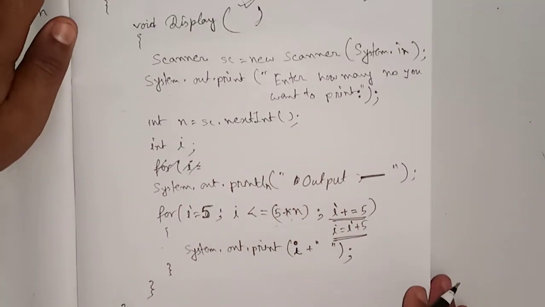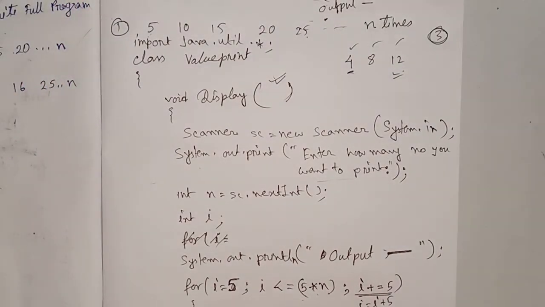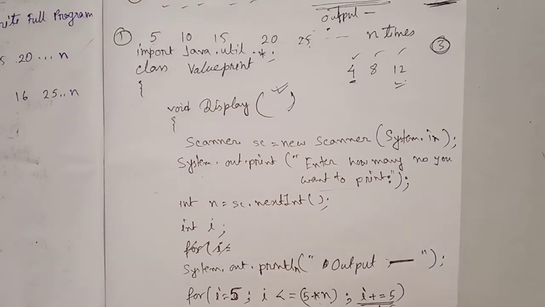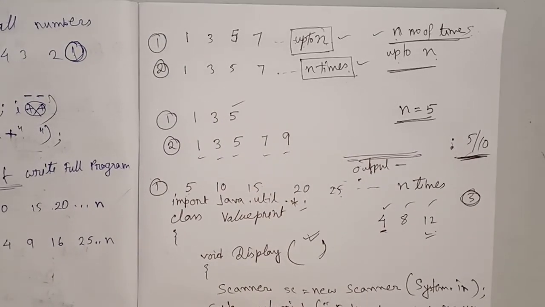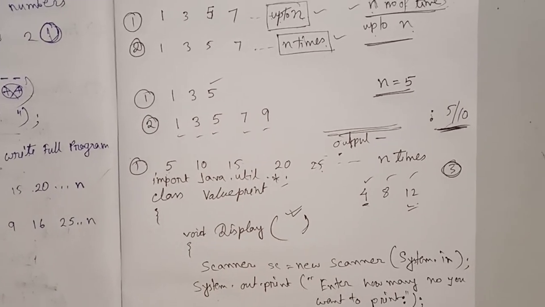Okay, this is the answer of the entire program. I just freeze it for a few minutes, so you can easily write from my video. Because the description box is not possible to write these things, so you just write it from the video.